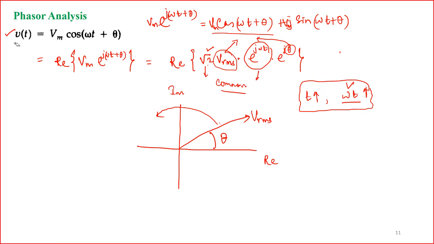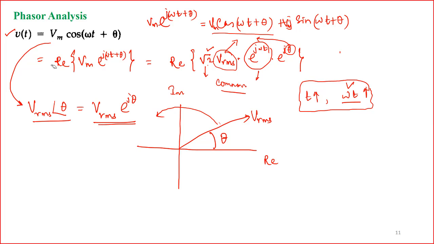So if we represent this signal in phasor form, I can write it as Vrms with angle theta. That I can write as Vrms e to the power j theta. So this is the phasor form.